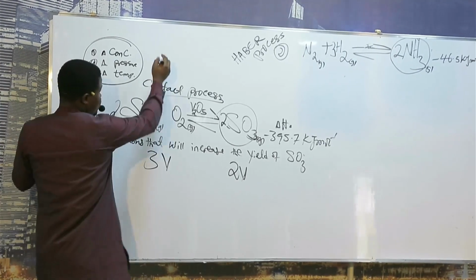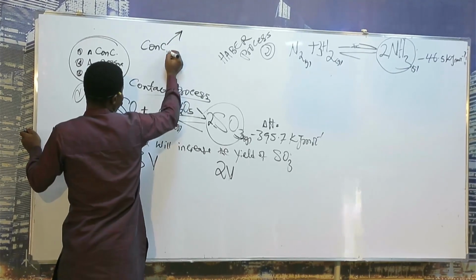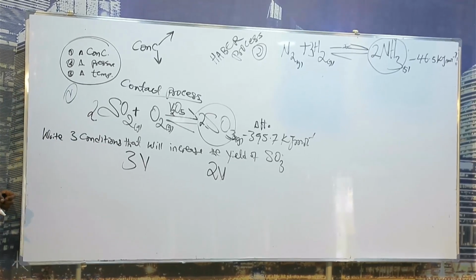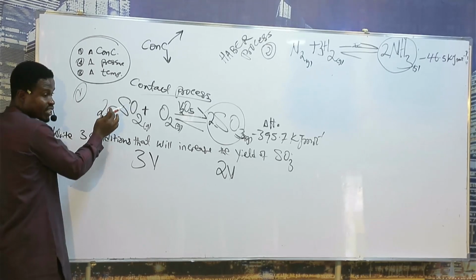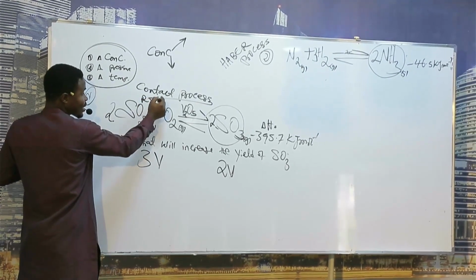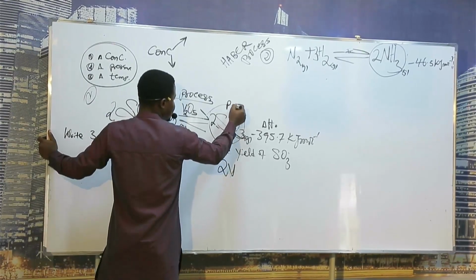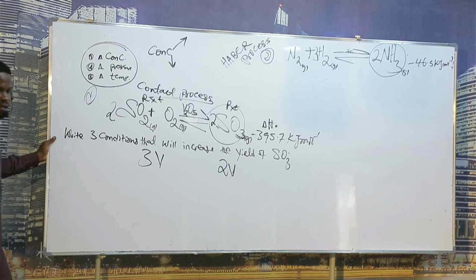Concentration can be increased and concentration can be decreased. Let's see the things you can change. Do you know the reactants? SO2 and O2 are the reactants. And what is the product formed? SO3, the product.